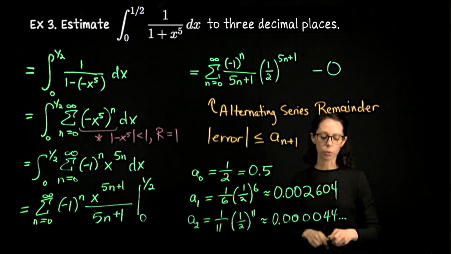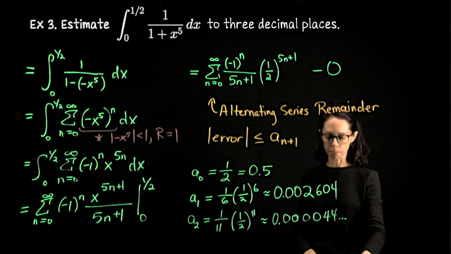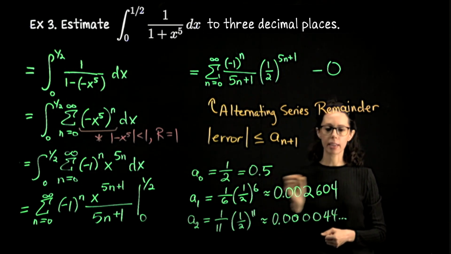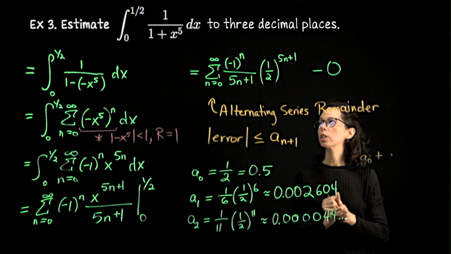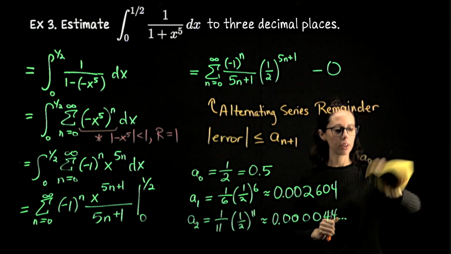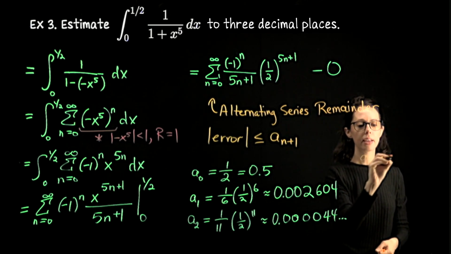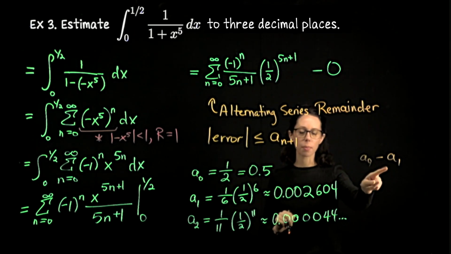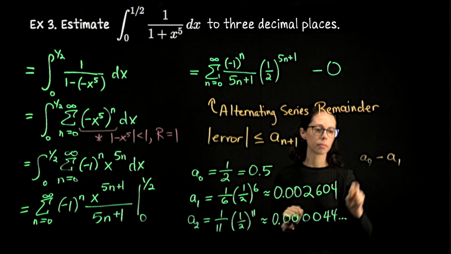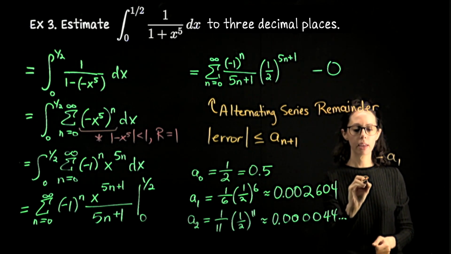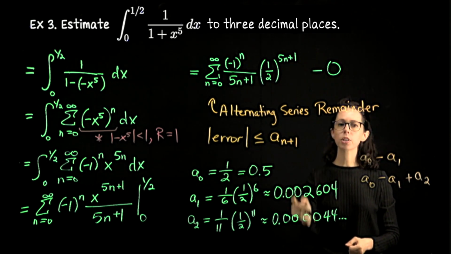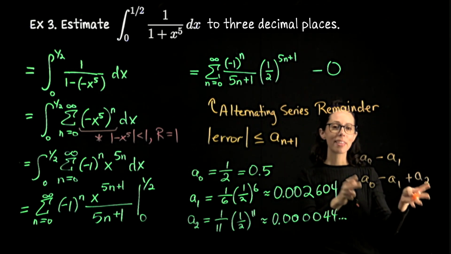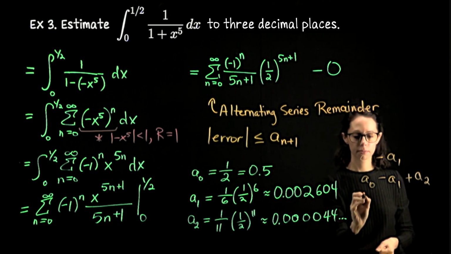Were I to start adding up a partial sum, what we could notice is that the first term is positive, the second term is negative. a sub 0 minus a sub 1 would be the sum of the first 2 terms, together with a sub 0 minus a1 plus a2. If I added up the first 3 terms in this expansion, they have the same leading 3 decimals.